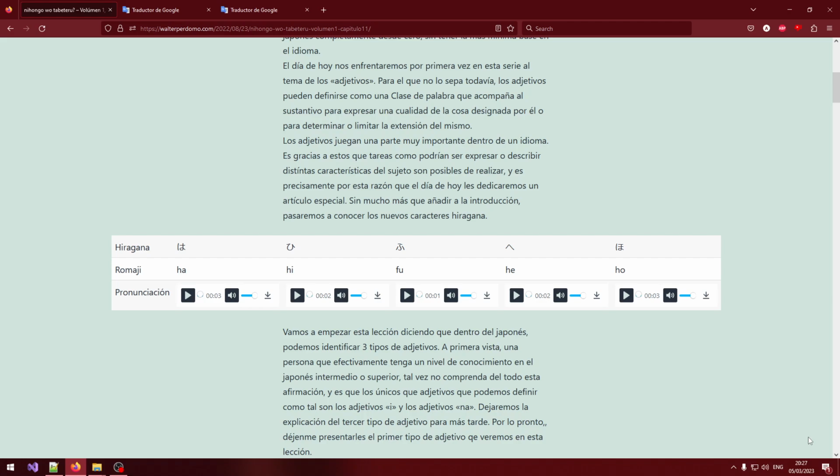In Japanese there are three types of adjectives: i adjectives, na adjectives, and something we're gonna call no adjectives.